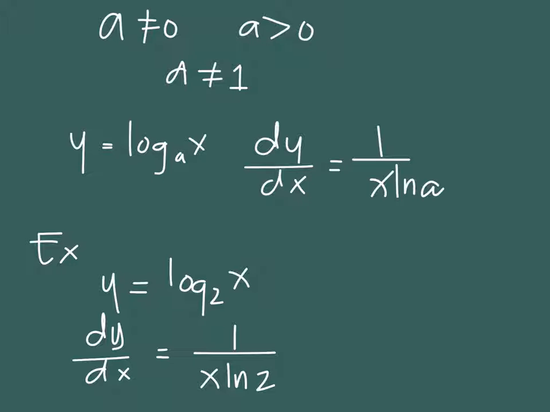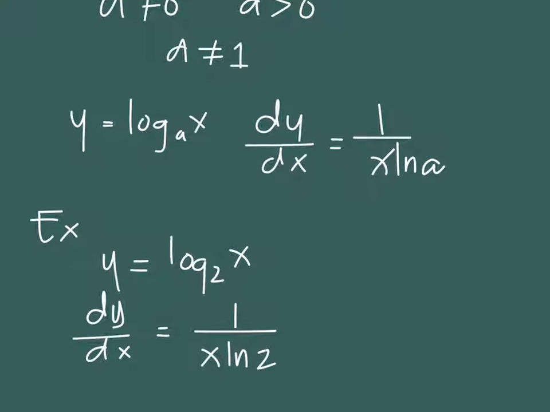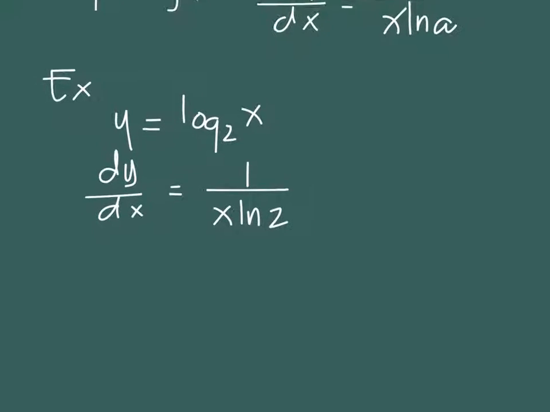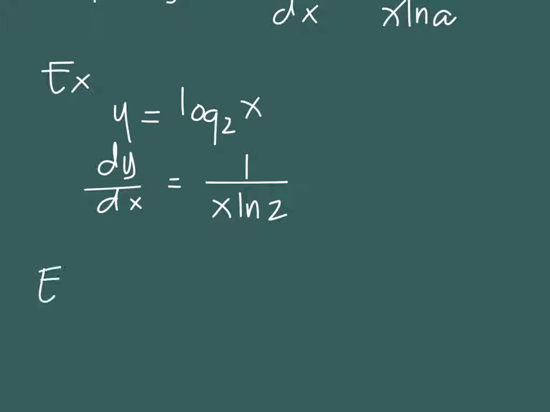And let's see what will happen if the base is e. Log base e of x can be written in a different way. If the base is e, then this is ln x. This is what we call the natural logarithm.